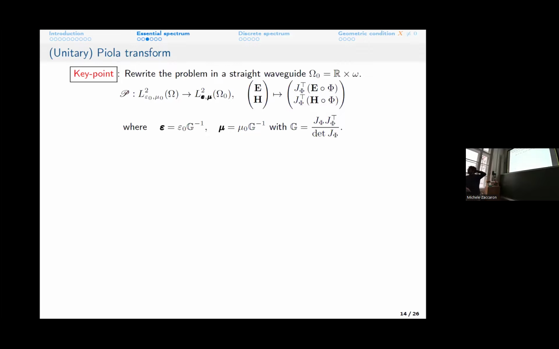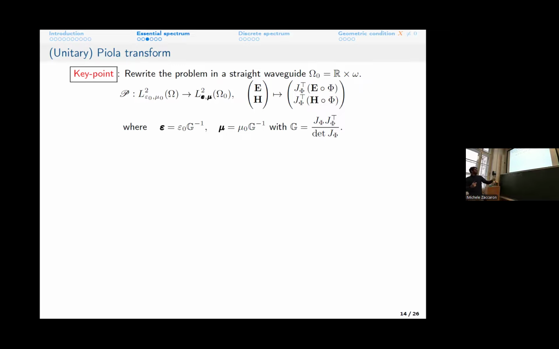And let me give you some ideas of the tools and ingredients we use to prove this. First, we pull back our problem from the perturbed geometry to the straight one, because there is a diffeomorphism phi between omega 0 and omega.